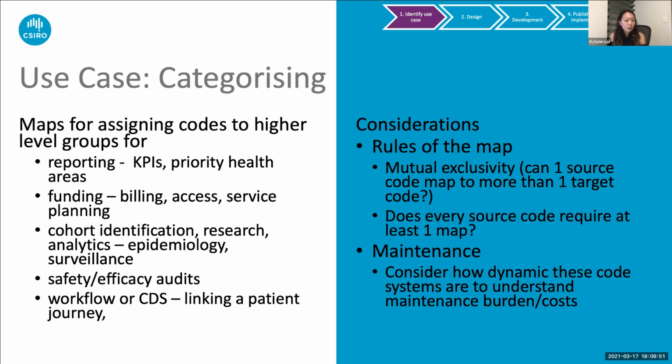Is mutual exclusivity required? Can one source code map to more than one target code, or are you double dipping in terms of funding? Does every source code require at least one map? Is it okay if things don't get mapped and perhaps don't get funded? And for maintenance, you need to consider how dynamic these code systems are to understand your maintenance burden and costs.